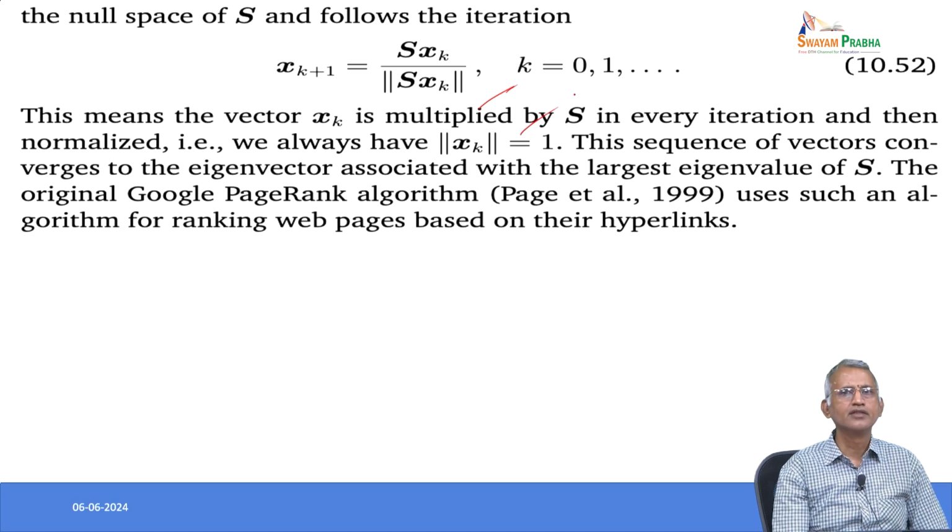The sequence of vectors converges to the eigenvector associated with the largest eigenvalue of S. The original Google PageRank algorithm uses such an algorithm for ranking web pages based on their hyperlinks.